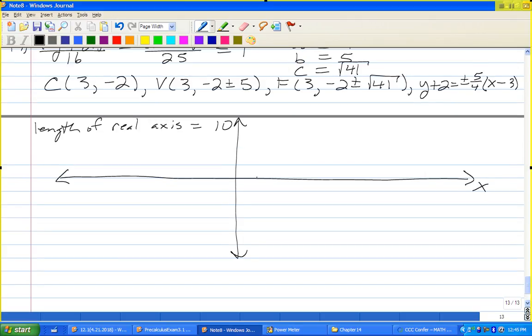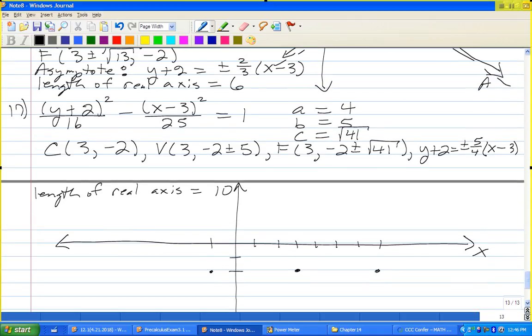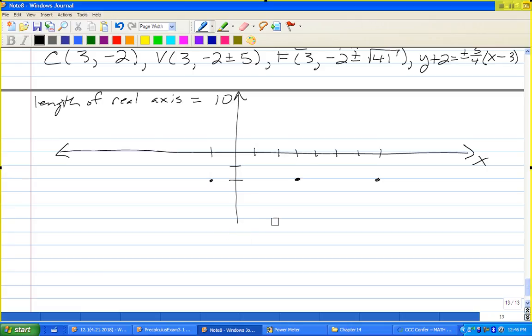So the center is at 3, negative 2. I go 4 in the x. 1, 2, 3, 4. 1, 2, 3, 4. 5 in the y. 1, 2, 3, 4, 5. And so this is my bounding rectangle.